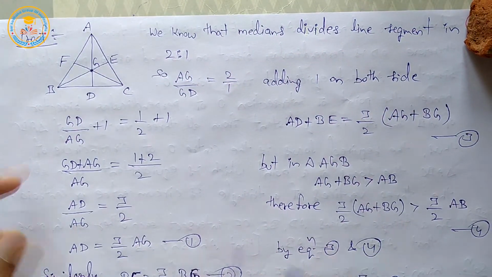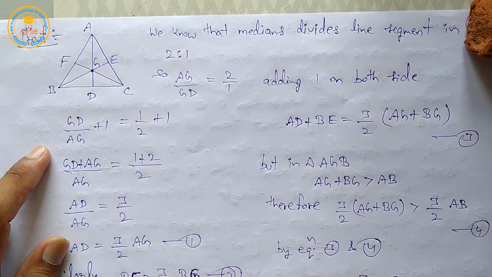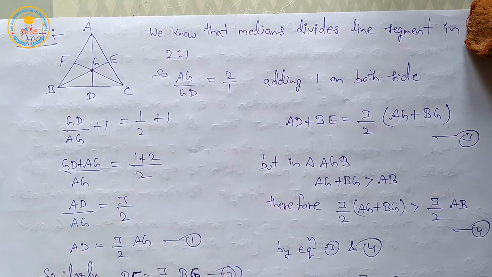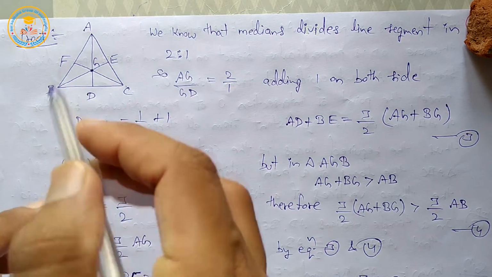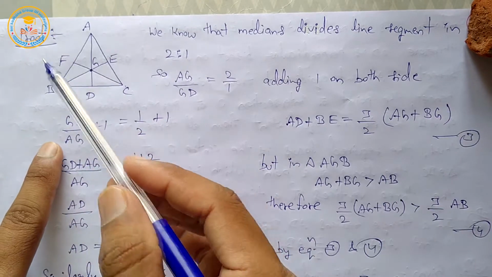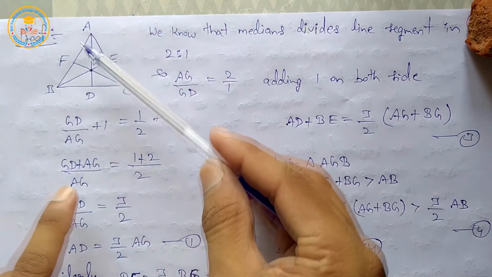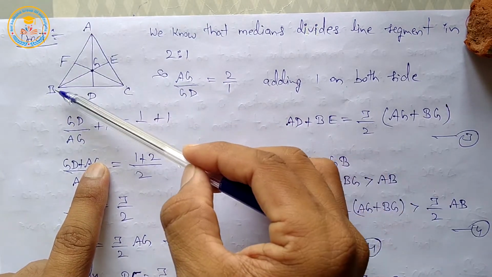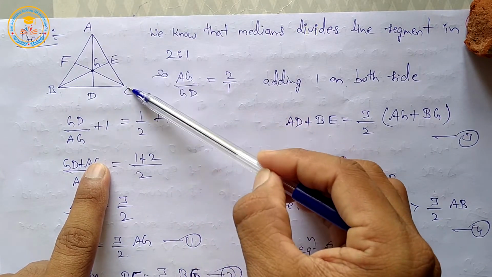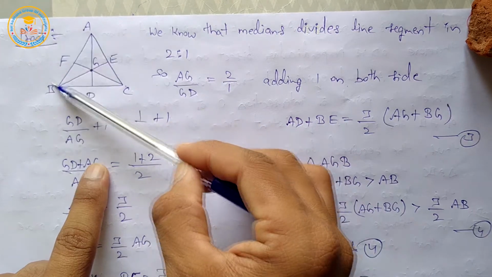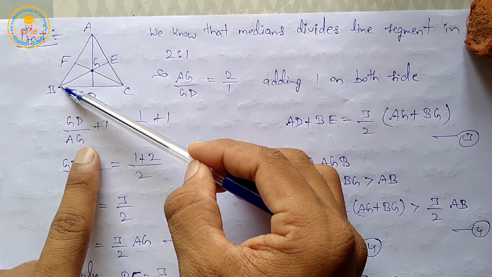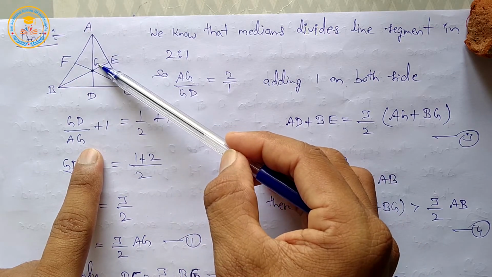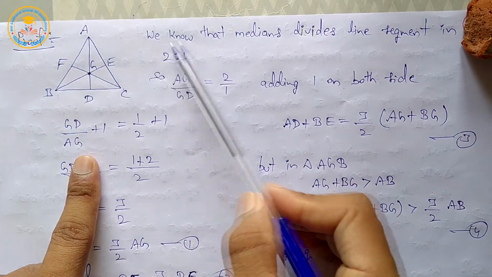These three medians intersect each other at point G. Now we know that a median divides the line segment in the ratio 2:1. So AG upon GD is 2/1. Reversing, GD upon AG is 1/2. Adding 1 on both sides.